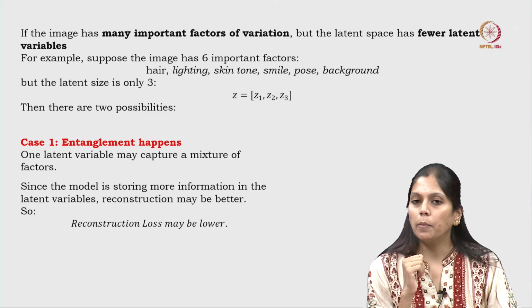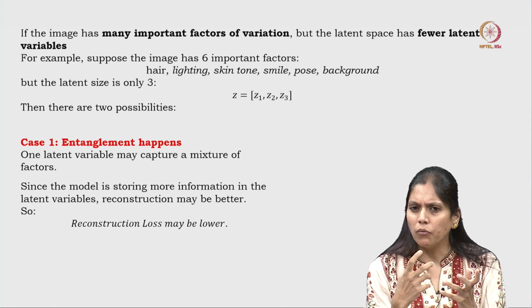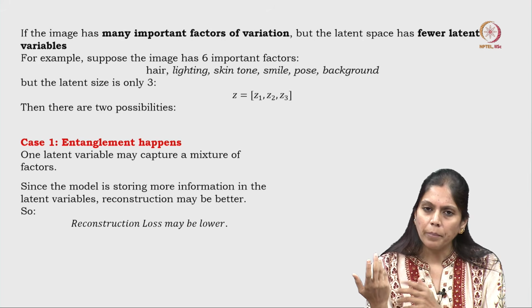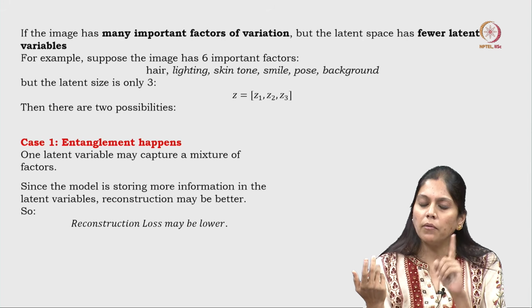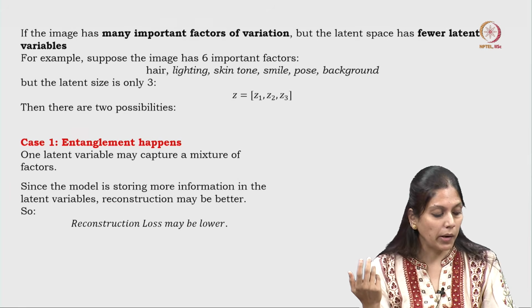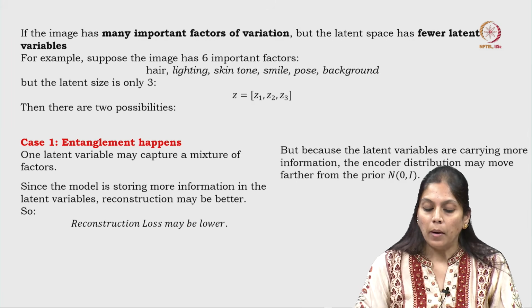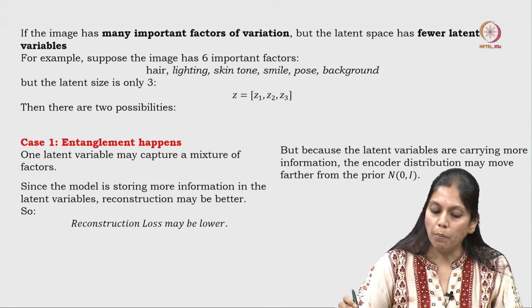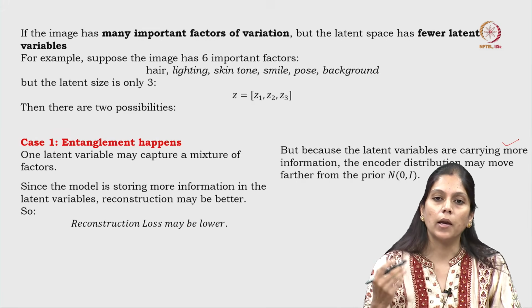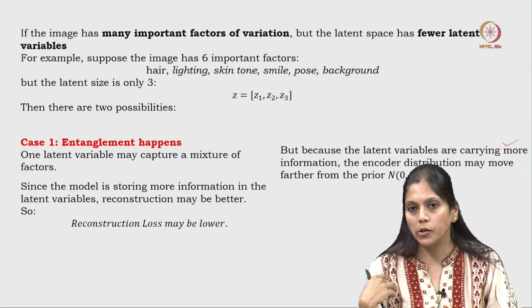But what is the problem? Sometime back in our example we saw that if it captures more information, the mean value will increase. When the mean value increases, it is definitely far from the prior distribution. Because the latent variable is carrying more information, the encoder distribution may vary far from the prior distribution.